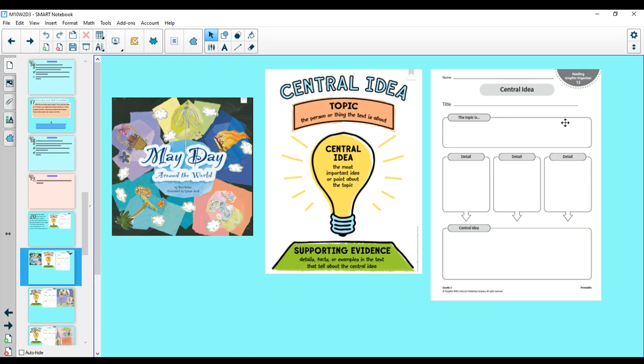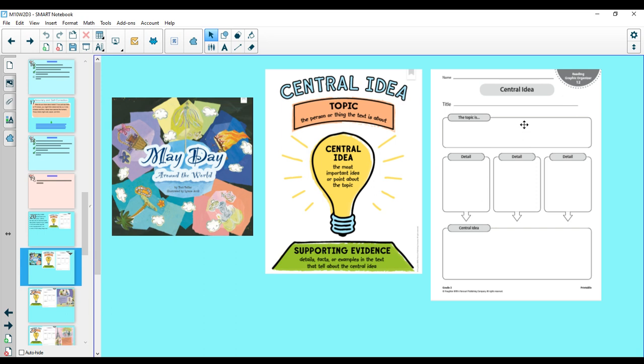Central Idea graphic organizer. When we talk about the topic, we talk about the main person or thing that the text or story is about. So if I was reading a book about golden doodles, my sentence would be, the topic is golden doodles. It's a simple sentence where you state what the story is about.